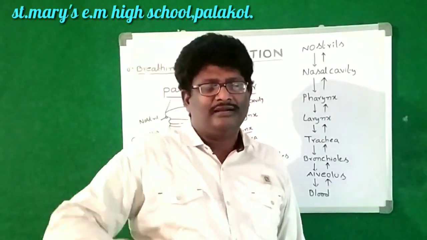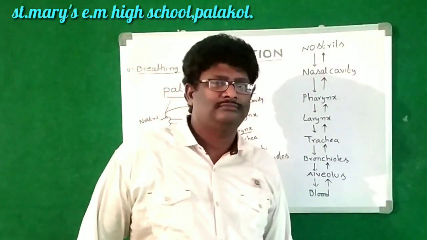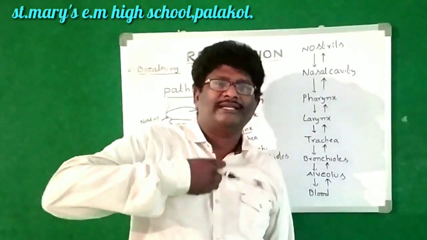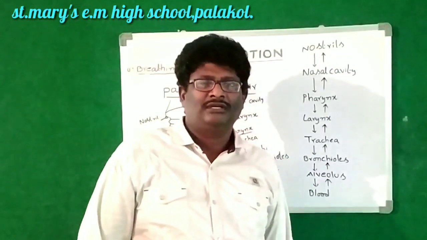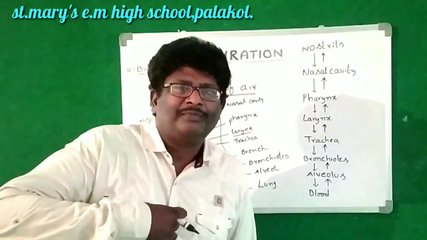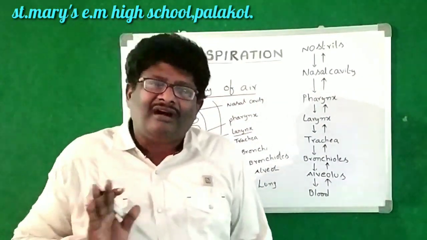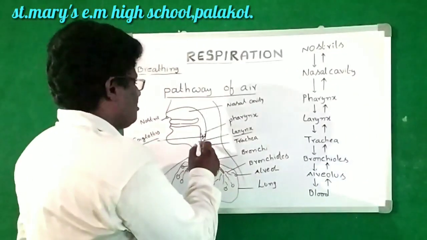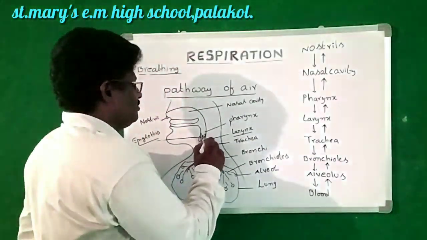When we take oxygen into the body, after utilization of the oxygen, the carbon dioxide air comes out. When it comes out, it crosses the two vocal cords.